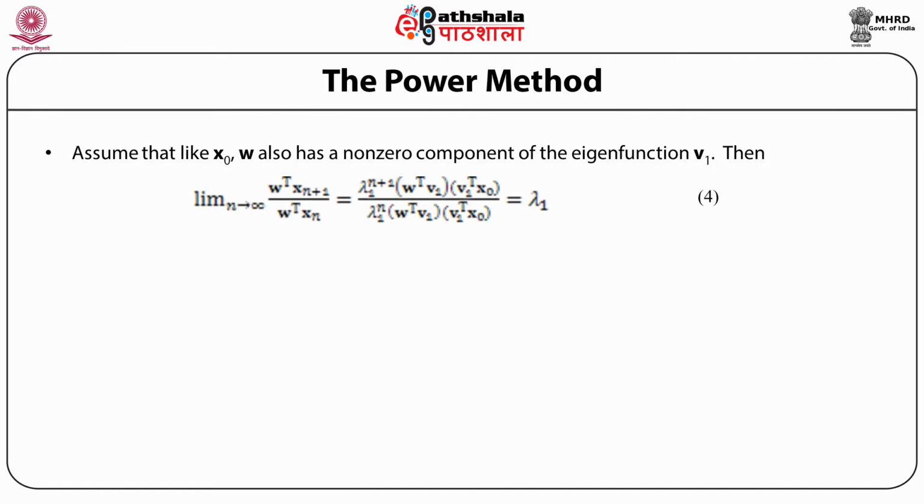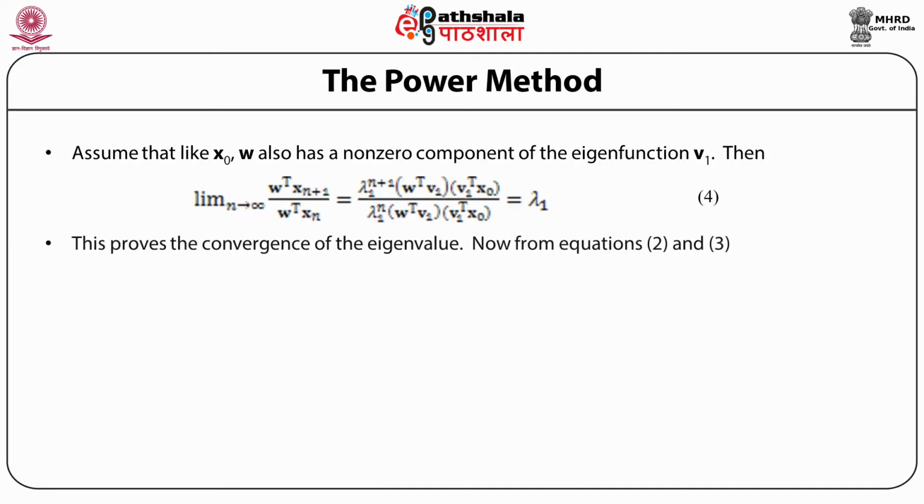Then limit n tends to infinity of w^T x(n+1) divided by w^T xn equals lambda 1^(n+1)(w^T v1)(v1^T x0) divided by lambda 1^n (w^T v1)(v1^T x0), which equals lambda 1. This proves the convergence of the eigenvalues.